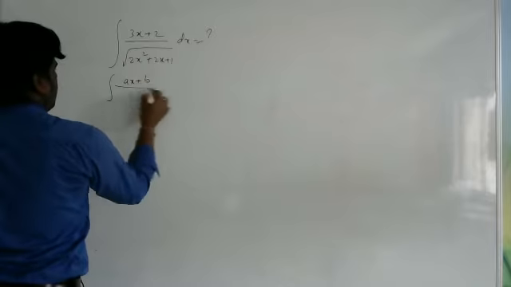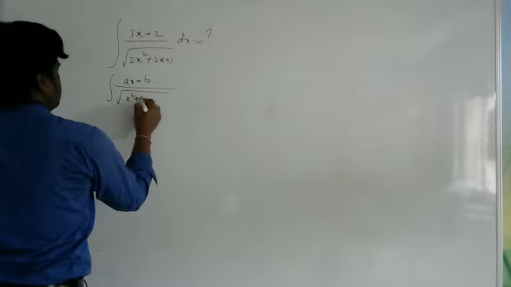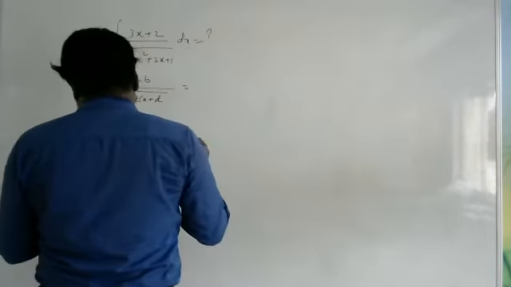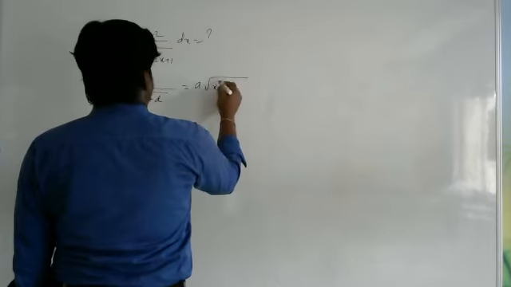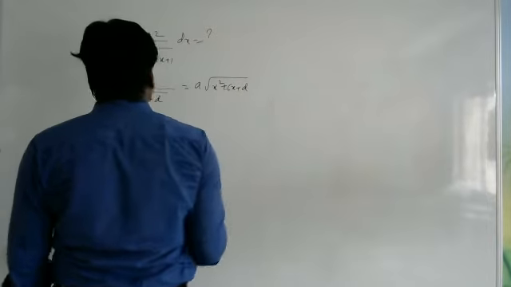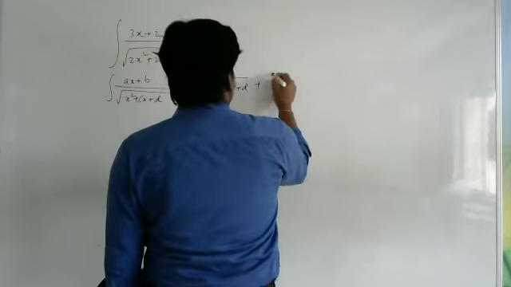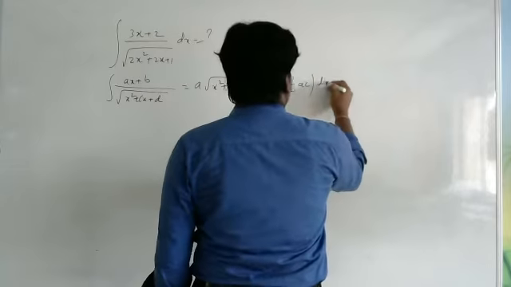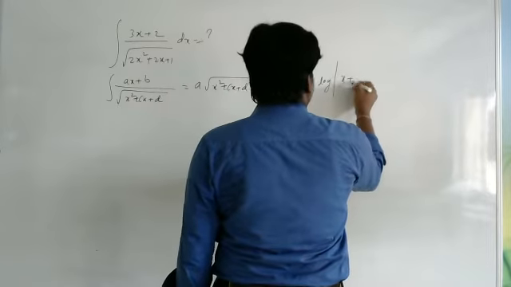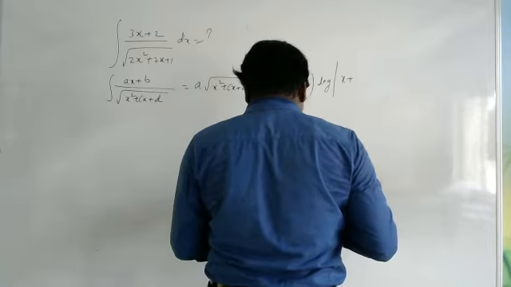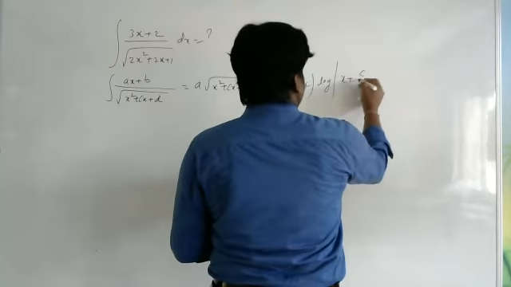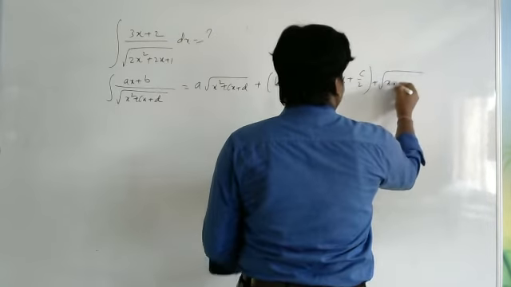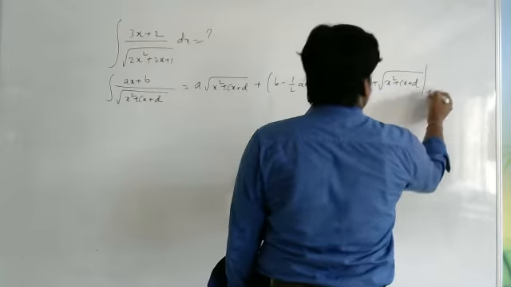Integration of (ax + b) by the square root of (x² + cx + d) is equal to a into the square root of (x² + cx + d), plus (b − half ac) log modulus of (x + c by 2 + the square root of (x² + cx + d)), plus c.